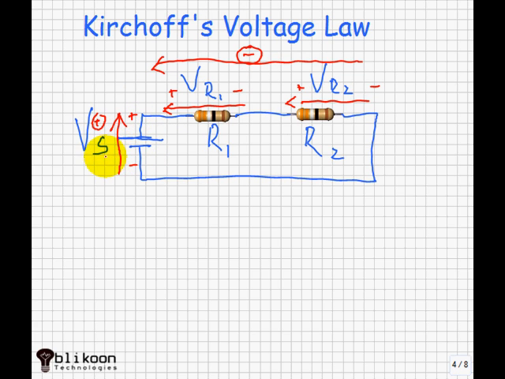The arrow around Vs means that the power supply provides energy to the other components in the circuit, and the arrow on the resistors means that they come to consume the energy provided by the power supply. With this logic, it makes sense to say that Vr1 plus Vr2 equals Vs. And this means that the voltage that the resistors have comes from Vs, the power supply.